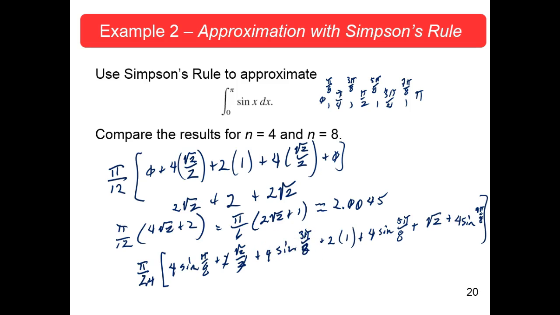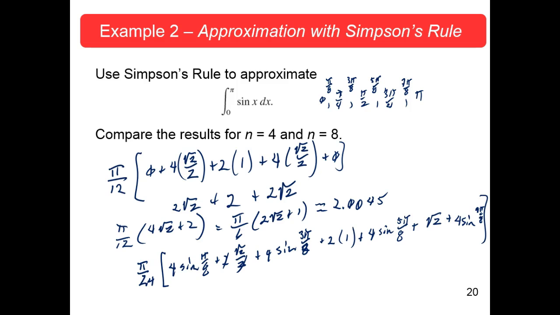And sine of 3/8 pi is the same as sine of 5/8 pi, so it's going to be plus 8 times the sine of 3/8 pi. That will take care of this one too. Then plus 2, that's only there once. Okay. Whatever that sums up to, multiply it by pi, divided by 24. I know it's messy.